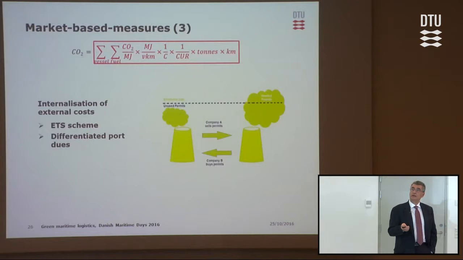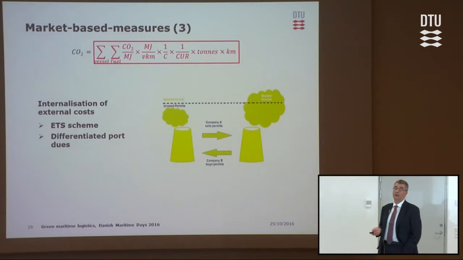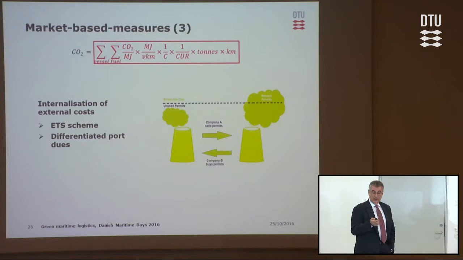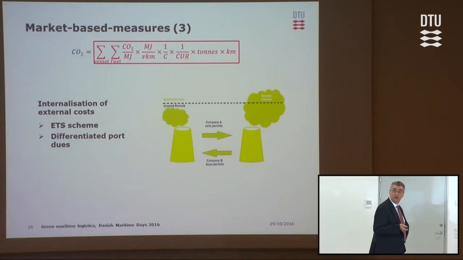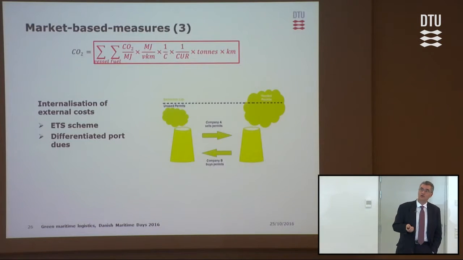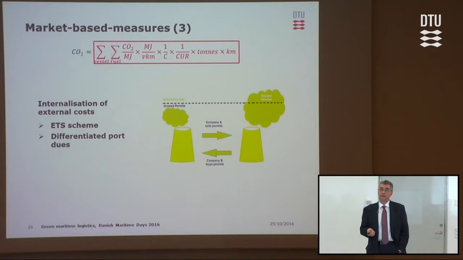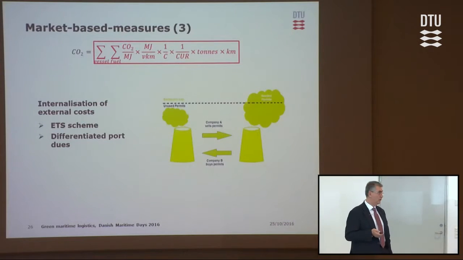And yet, the third MBM type addresses the emissions themselves. And this is where we're talking about full internalization of external costs, the ETS scheme, the emission trading system of Europe, and differentiated port use are examples of such schemes.